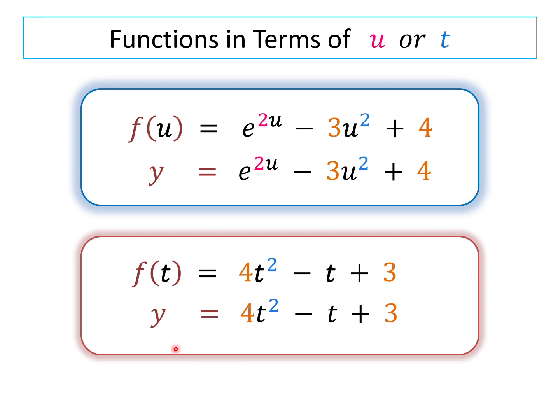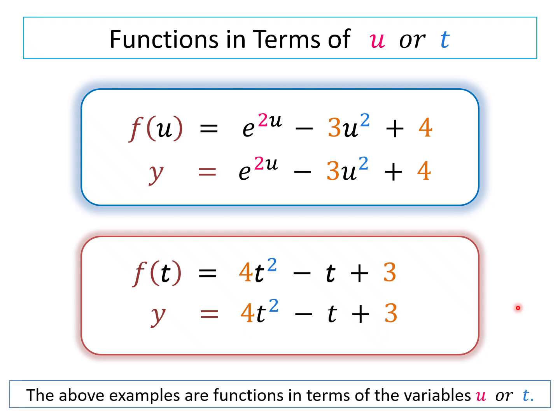So if we know that the right hand side is in terms of t, we can make use of y instead of f of t to simplify the expression. The above expressions are examples of functions in terms of u or t.